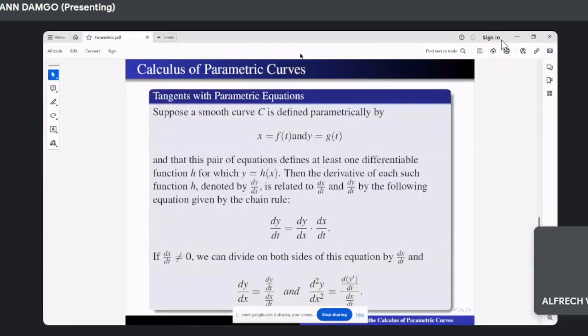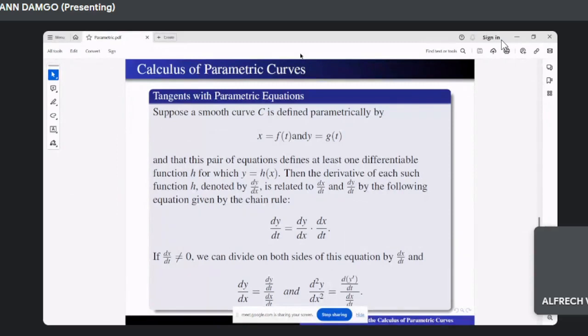Okay, so now we're done with the definition of parametric curves and plotting the curves. Now, we are going to discuss the calculus of parametric curves. So, in calculus, we deal with derivatives, integration, okay?